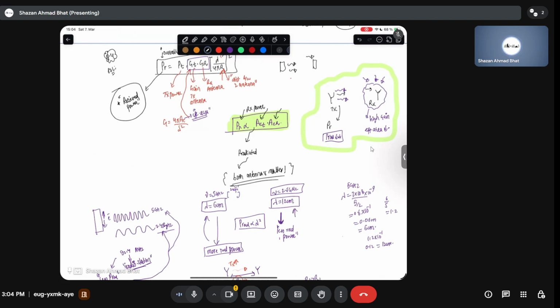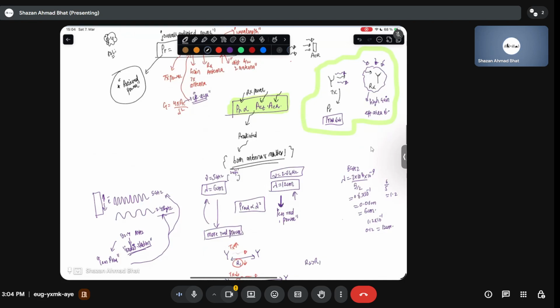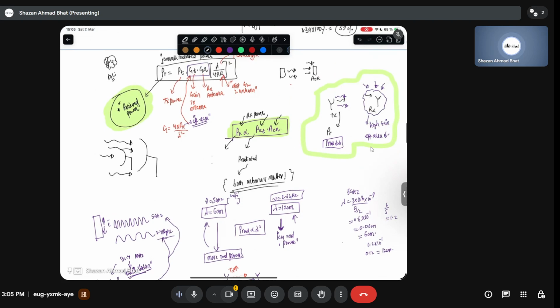Accordingly, if the area of the receiving antenna is more, then it's going to receive more power. It's just like the small dish antennas you might be using. If you use a bigger dish, it's going to receive more power from the other antenna. So it's the received power, not the radiated power. It's different. Just pardon me here, I just want to correct it.